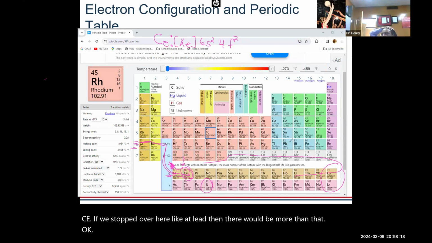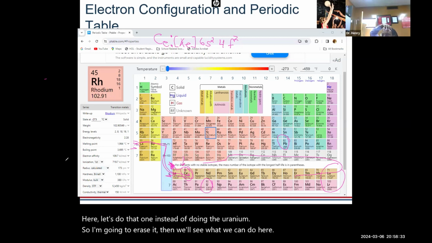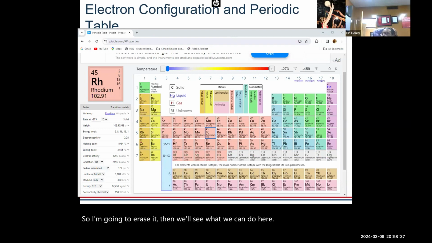Here, let's do that one instead of doing the uranium. I'm going to erase it, then we'll see what we can do here. Okay, so we're going to do lead instead of uranium.